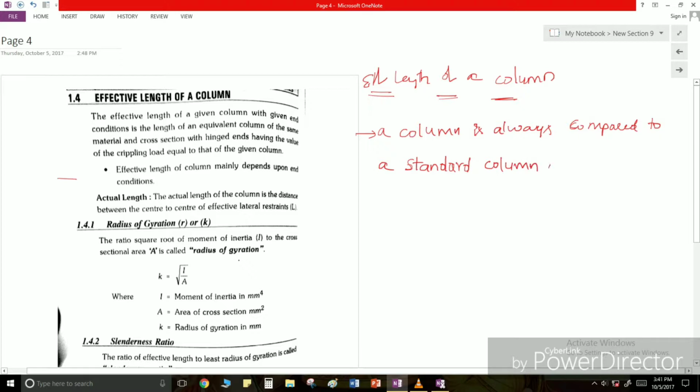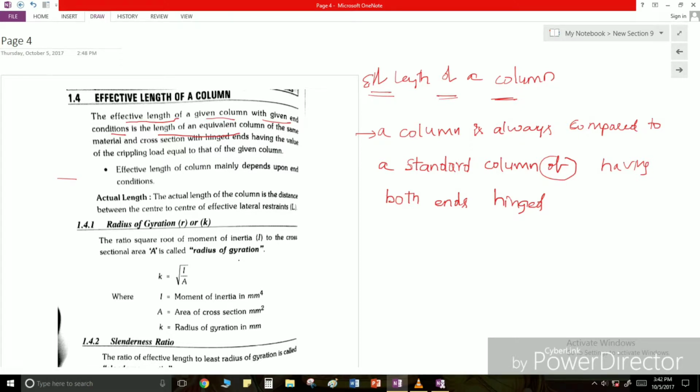See here, the effective length of a given column with given end conditions is the length of an equivalent column of the same material and cross section with hinged ends.